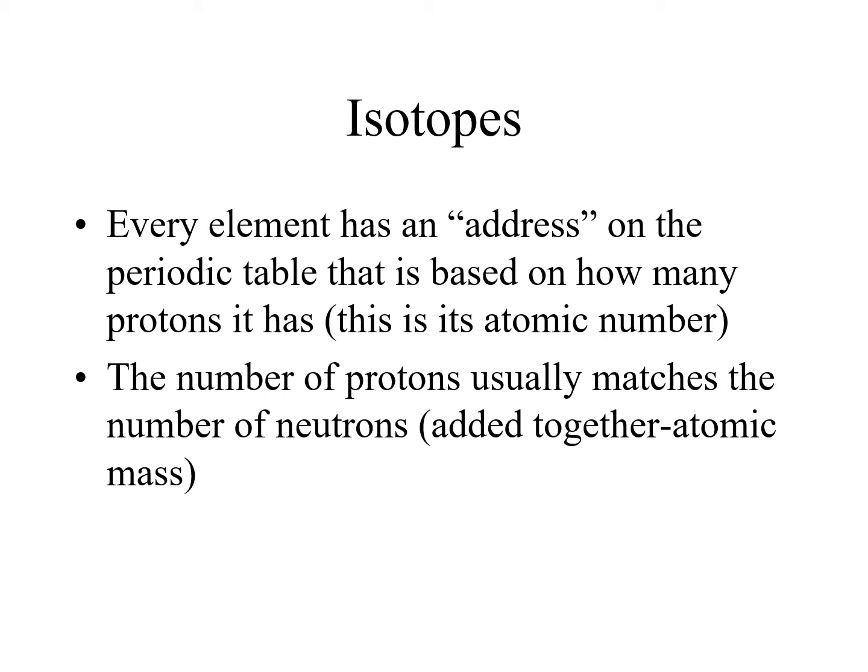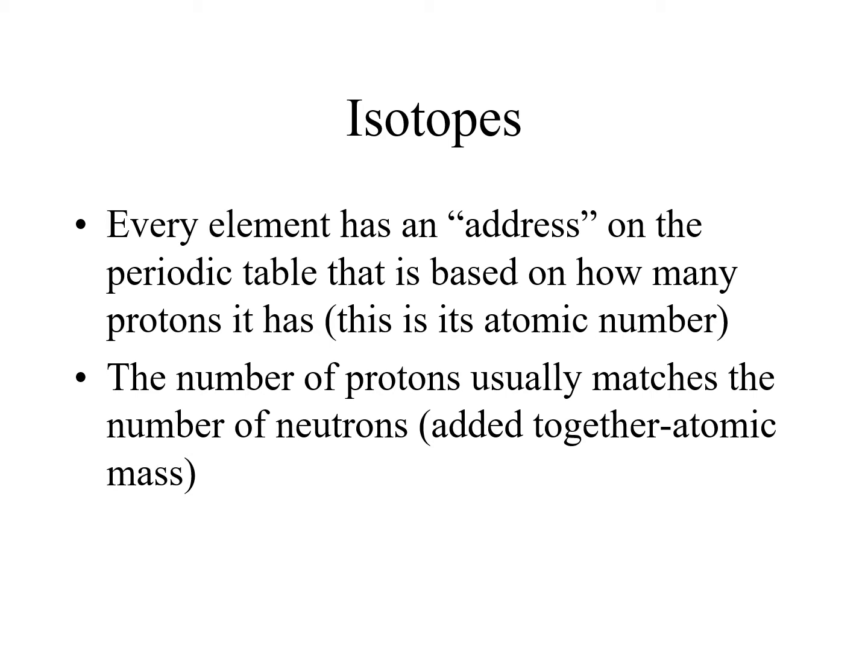Every element has an address on the periodic table, and this is based on how many protons it has. So hydrogen is in the number 1 spot, which means it has 1 proton. Helium is at the number 2 spot, so it has 2 protons. This is what we call the atomic number. So when you look at the periodic table, think of that as the address that lets you know how many protons you have.